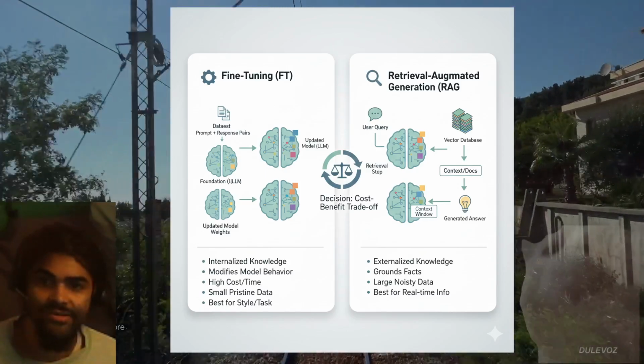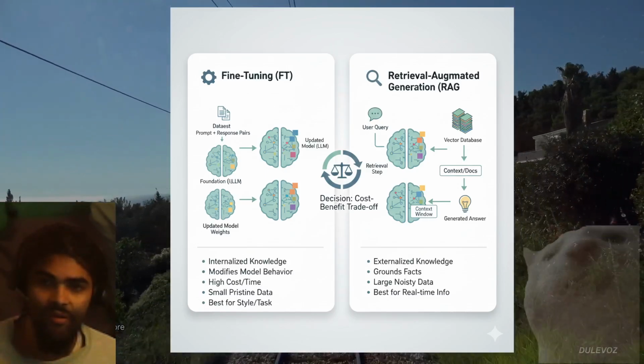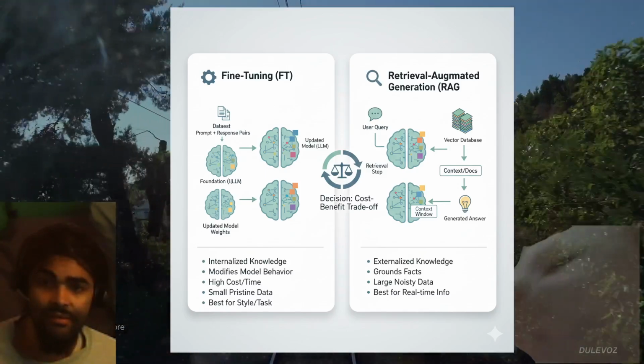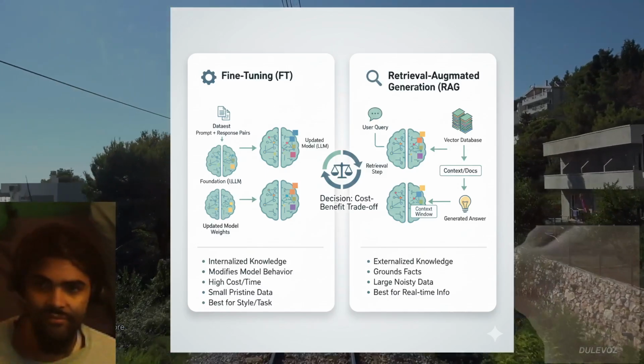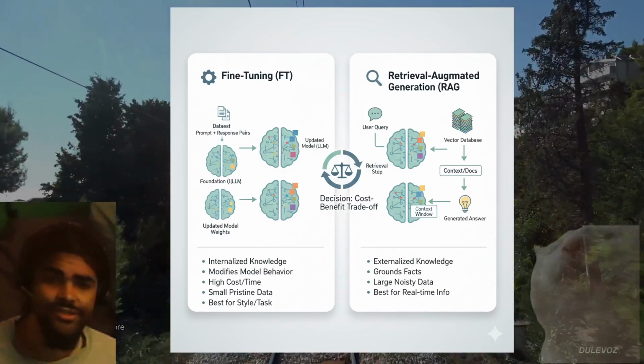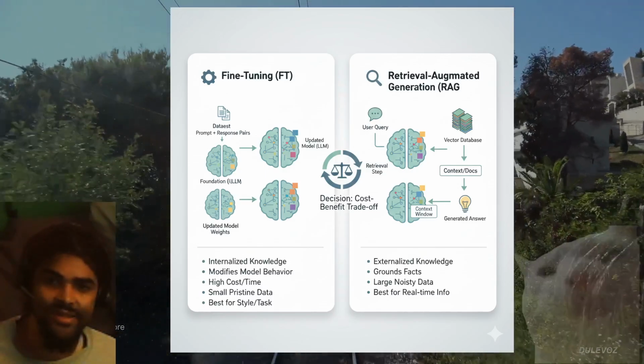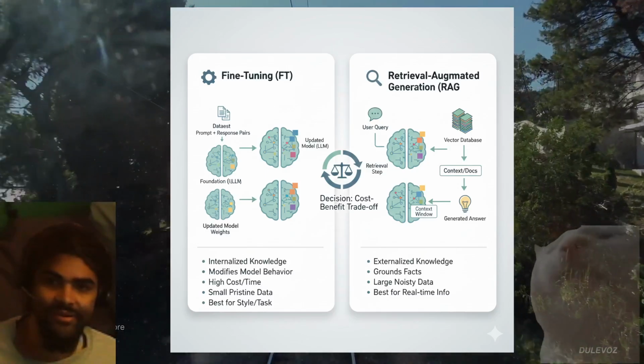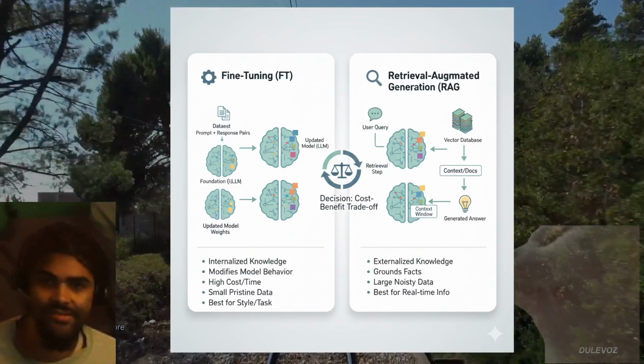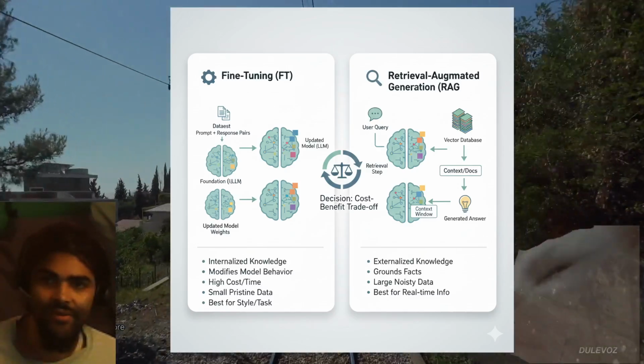Fine-tuning requires significant compute power and time for training, and it also requires retraining frequently. RAG requires indexing documents and running a similarity search, which is a lot less compute power.